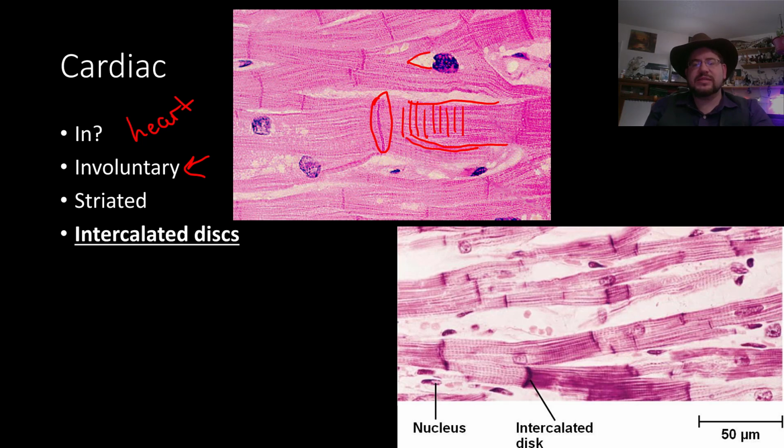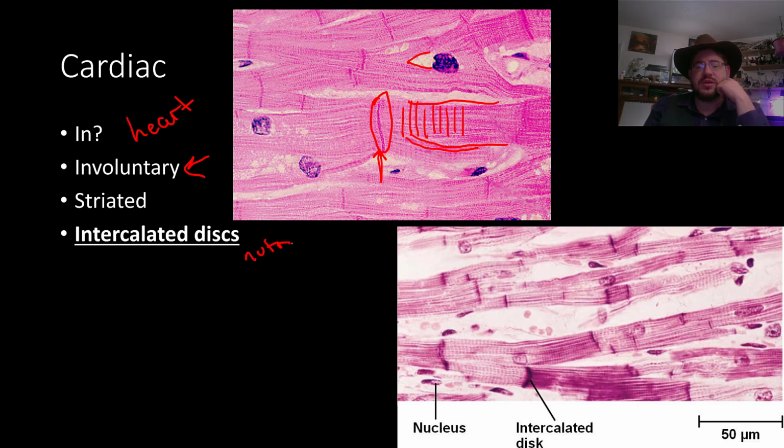And then you have these discs, these intercalated discs that separate out the muscle cells. So anywhere you have muscle cells end to end, there's an intercalated disc between them. It allows nutrients and signals to pass between the muscle cells very easily.